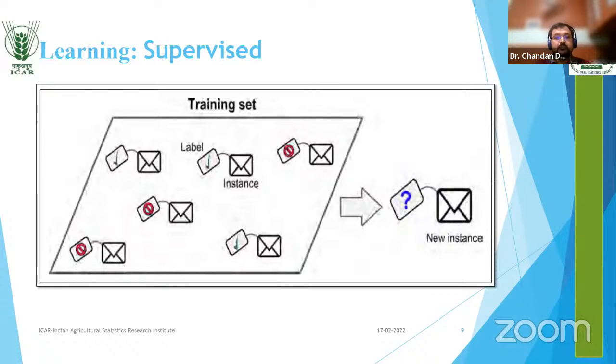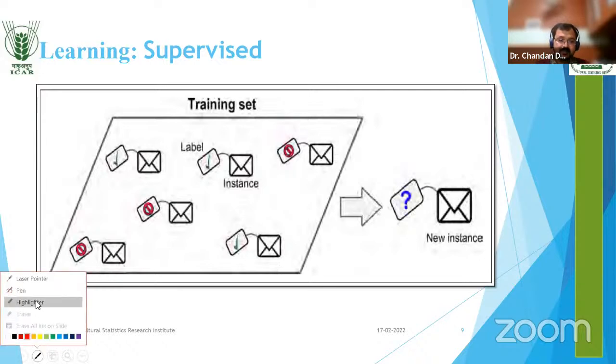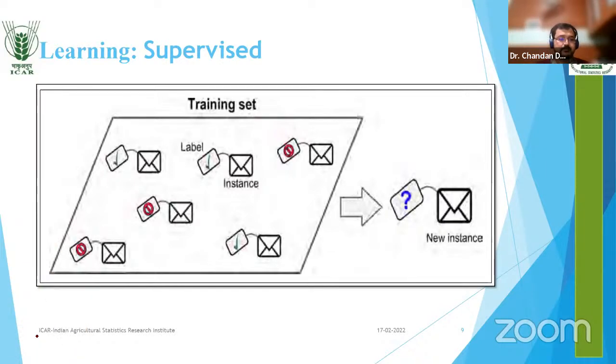So what do we do for training? We literally handcraft the mails first for the training purpose, saying that these mails are spam and these mails are ham. So these are the spam, and this total training set is used for the training.